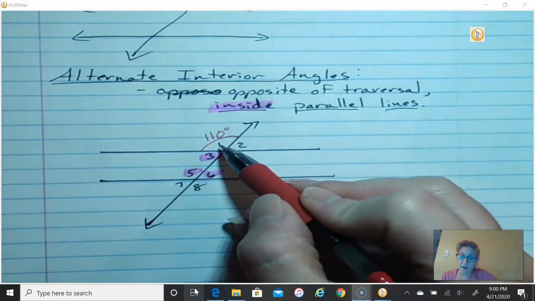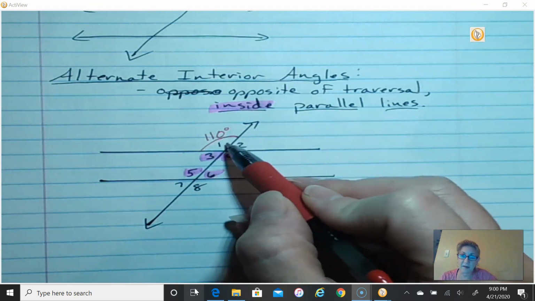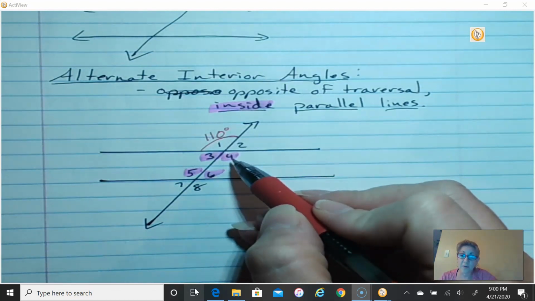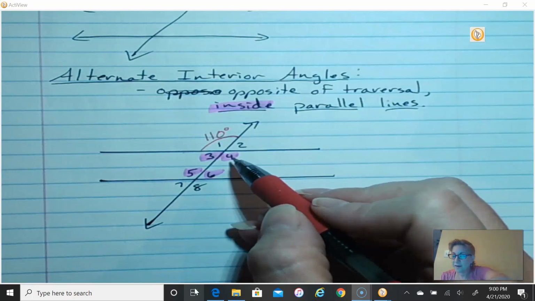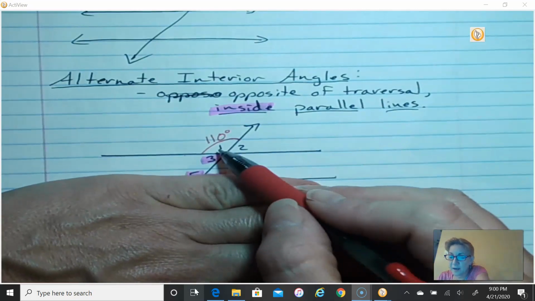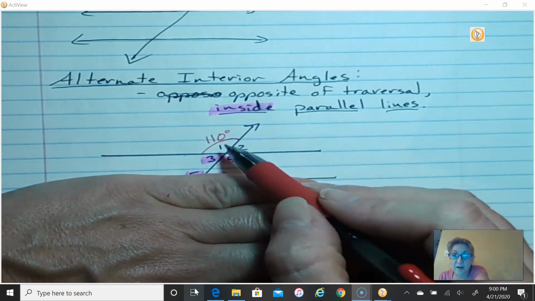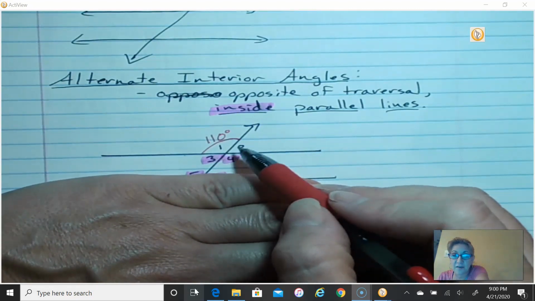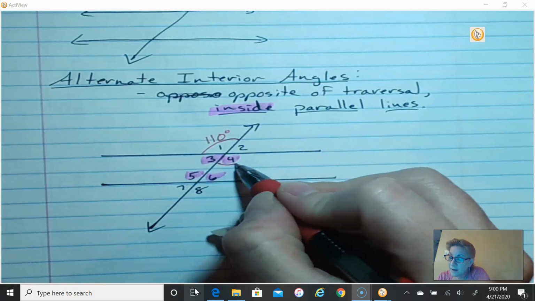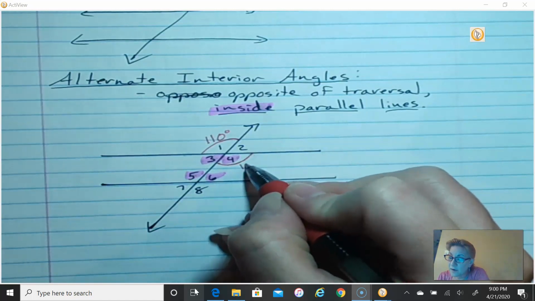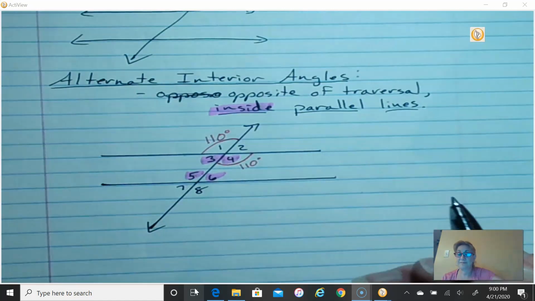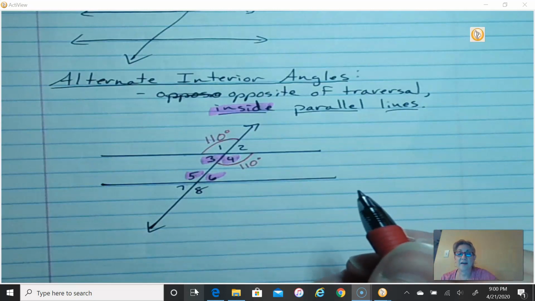So if angle 1 is 110 degrees, what should angle 4 be? See, it's like a mystery. If you just cover this up, angle 1 and 4, they're the same, right? See that? You can even see it. So then angle 4 is 110 degrees. All right, I got news for you.